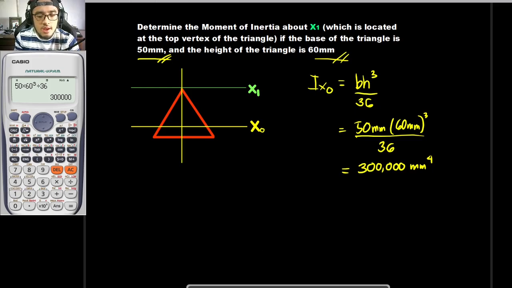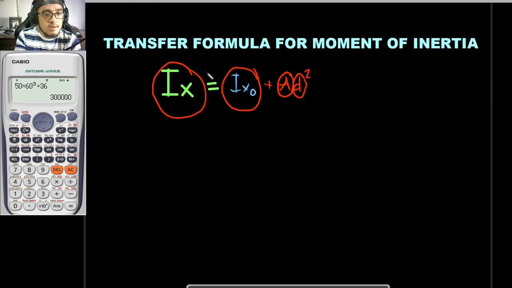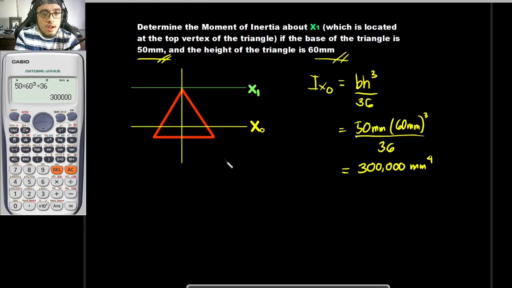But the question here is the moment of inertia about x sub 1, and x sub 1 is the top vertex. If you remember our transfer formula, to get the moment of inertia about a certain axis, that is the moment of inertia about the centroidal axis plus AD squared. So we would now be solving for A and D squared. What is the value of the area of a triangle?